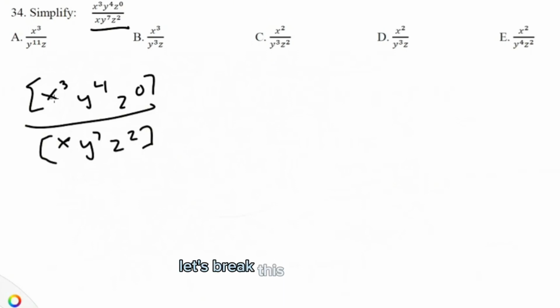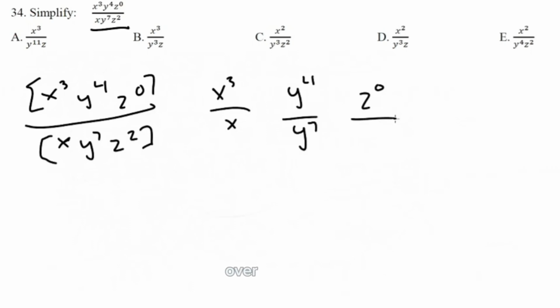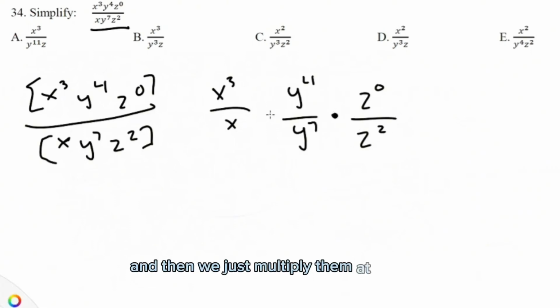So right now, let's break this up into the x, which is x power 3 divided by x, the y, which is y power 4 divided by y power 7, and the z, which is z power 0 over z power 2. And then we just multiply them at the end. Alright, so x power 3 over x.